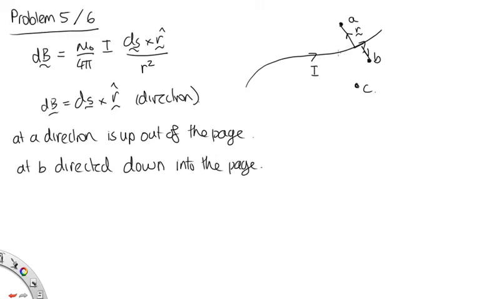And at C, here's r direction, and you can see that this is going to be down into the page as well. And as at C, the r is much bigger than at B, this will have a smaller magnitude.